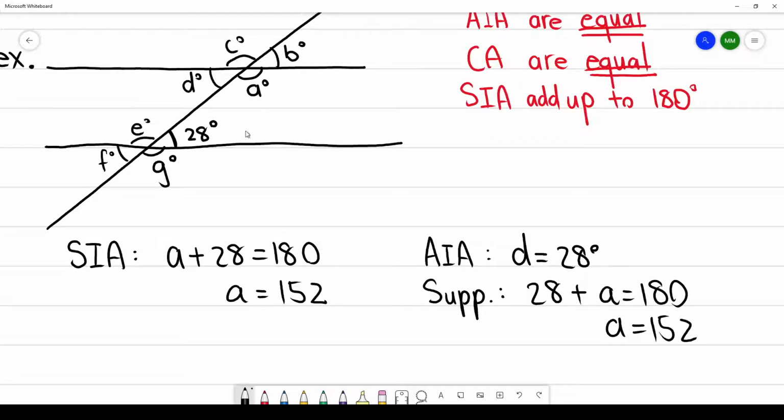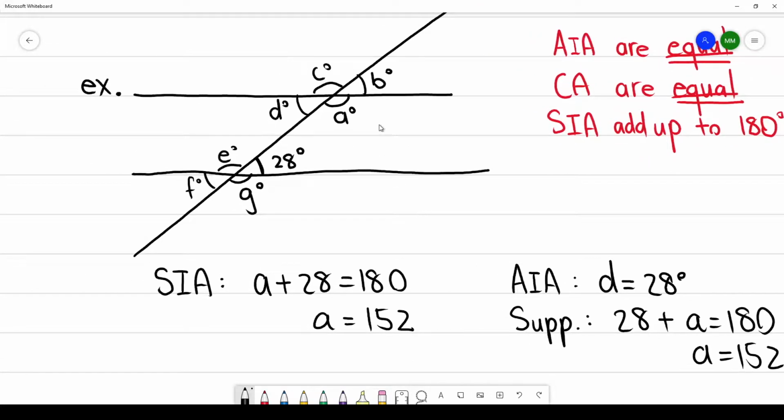And actually, you can find that B is a corresponding angle of 28. And then by supplementary angle again, 28 plus A, so this is a straight angle, A is equal to 152. So this is why there are a lot of ways to figure this out.